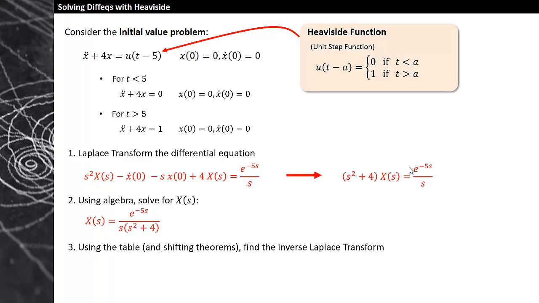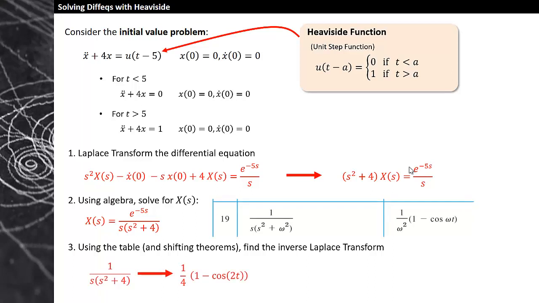Strip the exponential off for a second, find the inverse transform, and then the e to the minus 5s just shifts everything over in time. If we strip that e to the minus 5s off, we can find a term in our table that looks like it's going to work. Namely, it looks like we're going to be able to write this in terms of 1/4 times (1 minus cosine of 2t).